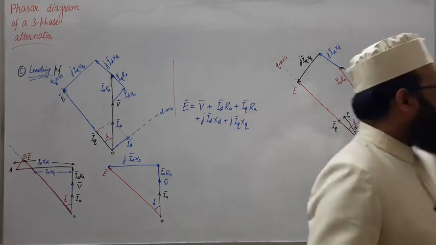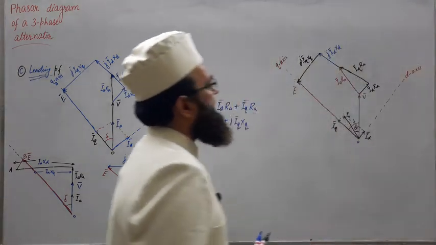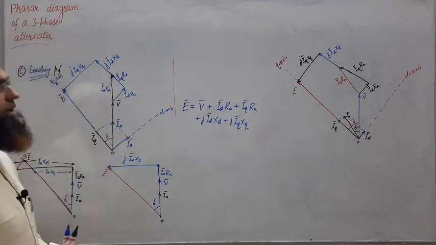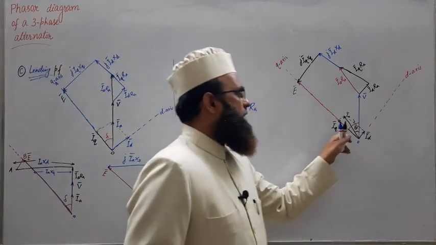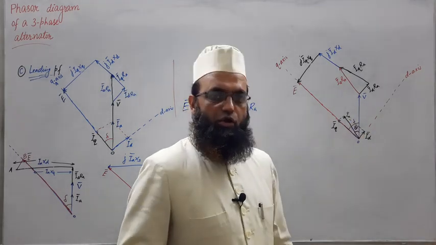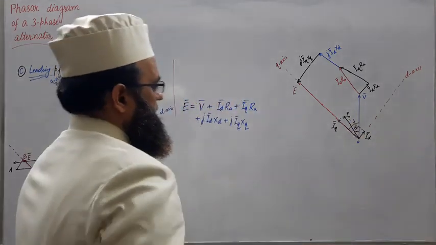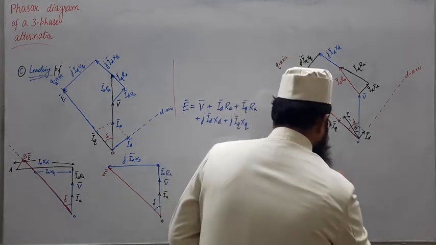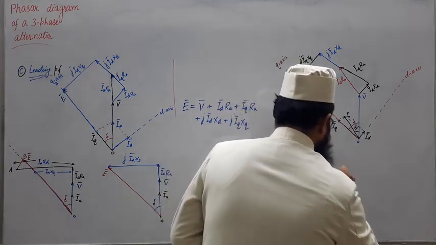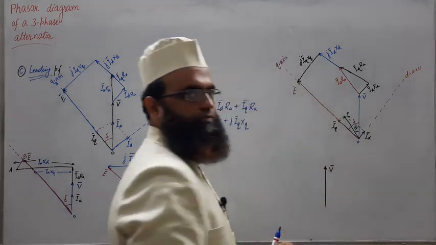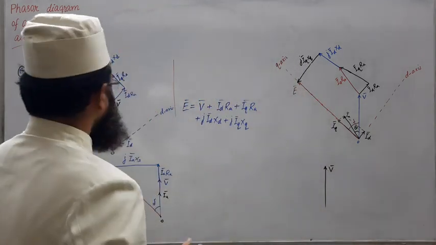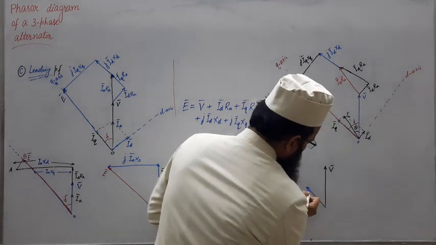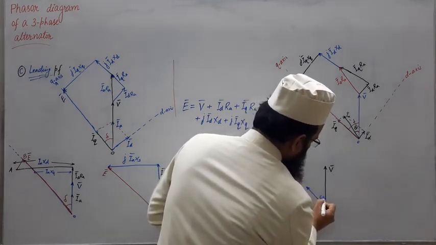Now let us draw the phasor diagram of a salient pole synchronous generator for the leading power factor case when power angle delta is unknown. So the same procedure as discussed earlier. First draw the voltage phasor V, and for this case the current phasor IA will lead by a certain power factor angle theta.